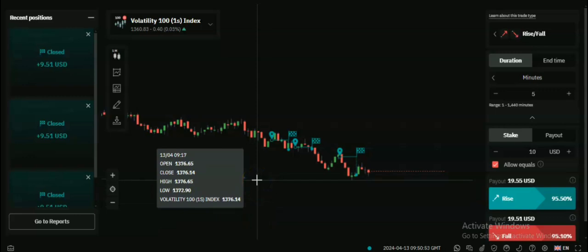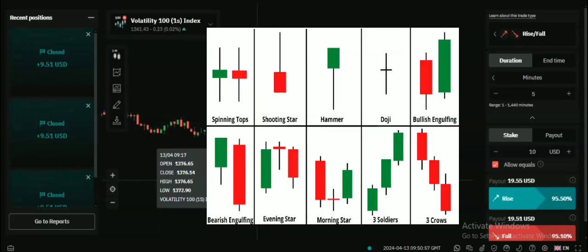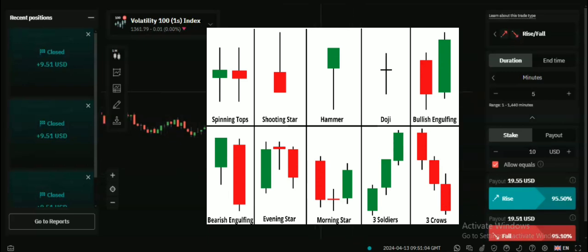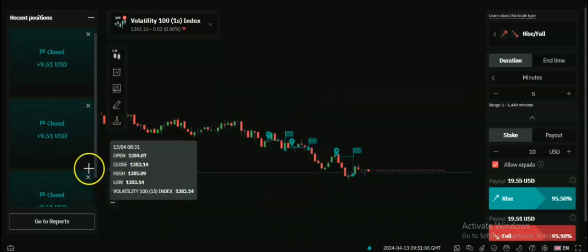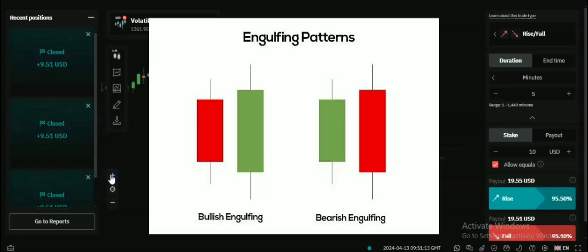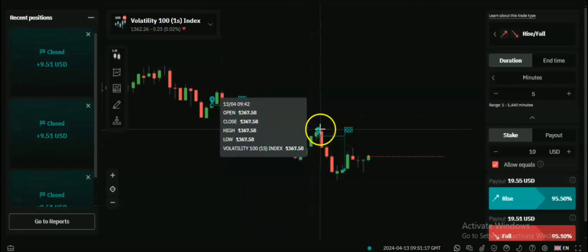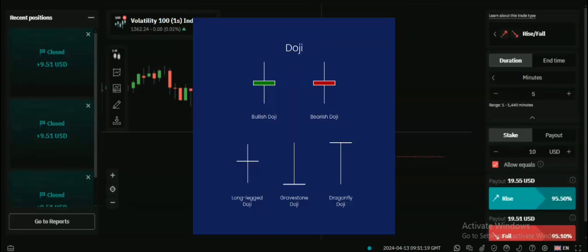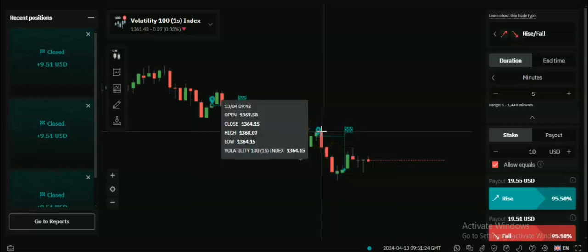In our next video, we are going to be studying the candlestick patterns and their names, what each represents. We study them one after the other. We are going to study candlesticks like the engulfing patterns, which is one of my favorite candlesticks. And we also have other candlesticks like the doji, which comprises different types.